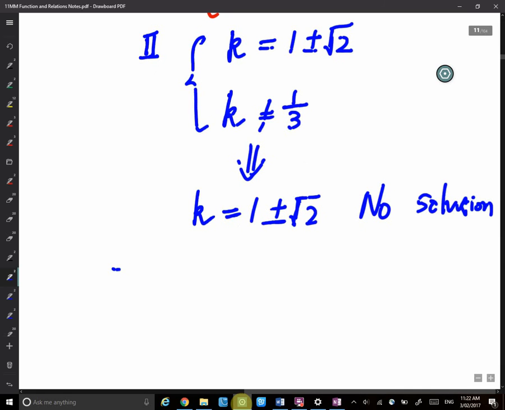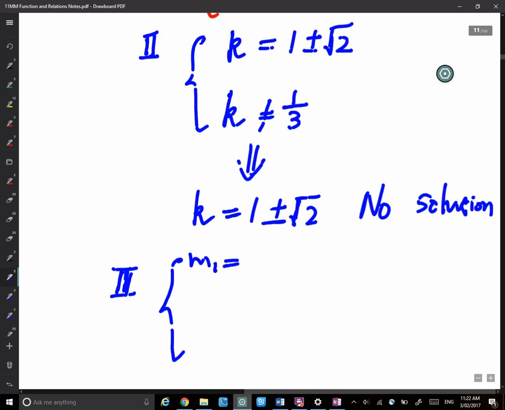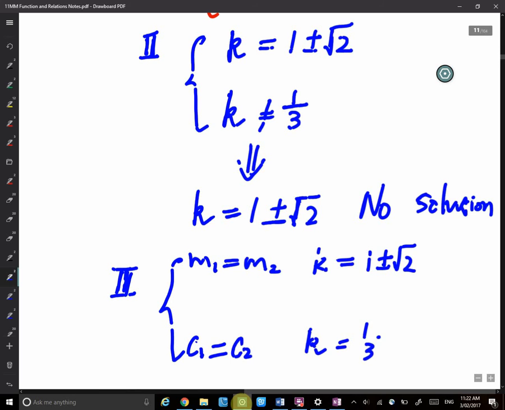Then therefore, you want the third one. You want there to be infinitely many solutions. So in this case, first you want M1 equals to M2. That will give you K equals to 1 plus minus root 2. And then you want C1 equals to C2, so you will have K equals to a third.